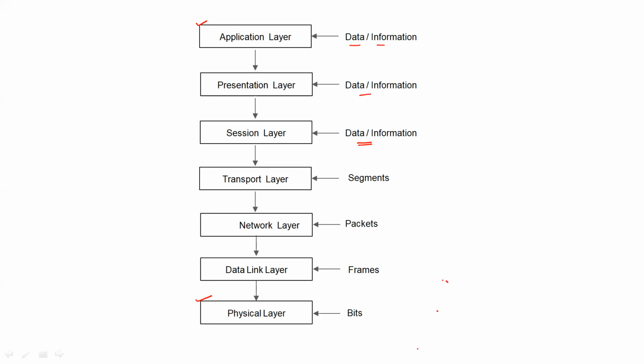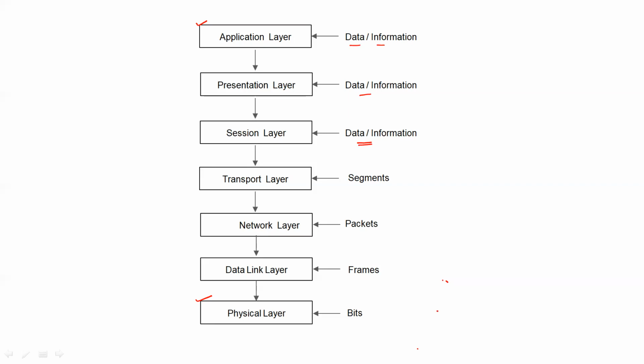Supposing I'm sending a message, we are listening to IT365 session. This entire message cannot be sent as it is because it's quite big. So for that reason, we split it up into different chunks of data, and those chunks of data we deal with from the transport layer.